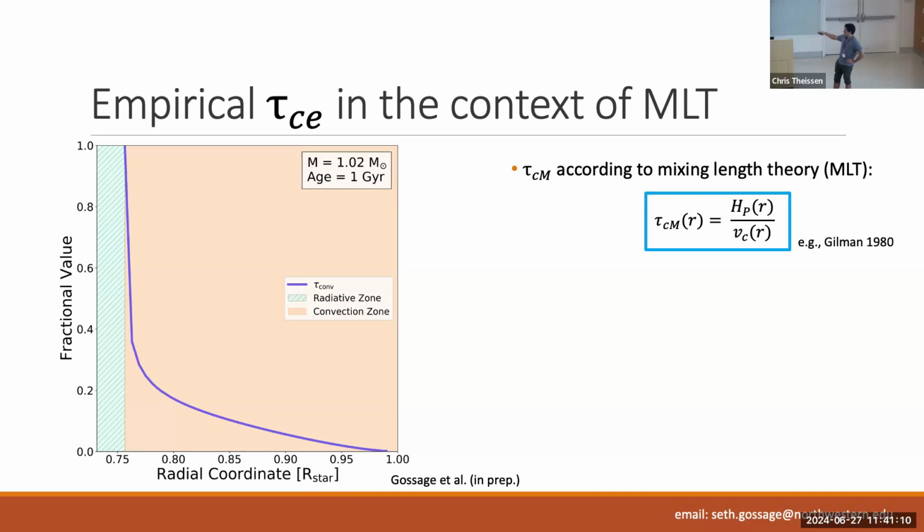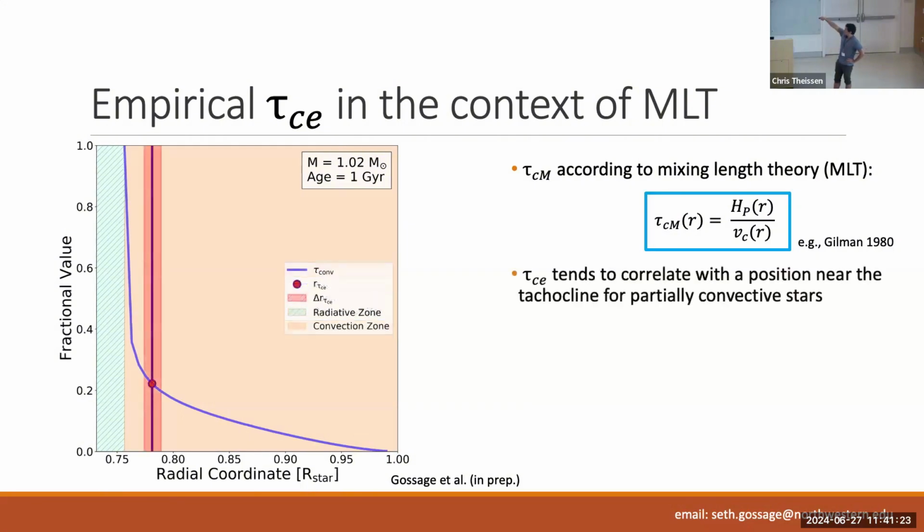It starts out small near the surface and rises as we go deeper in the star. And then we can ask where within the star our empirical turnover times correspond according to these calculations. And in the partially convective stars, they correspond roughly near the tachocline, near the bottom of the convection zone.